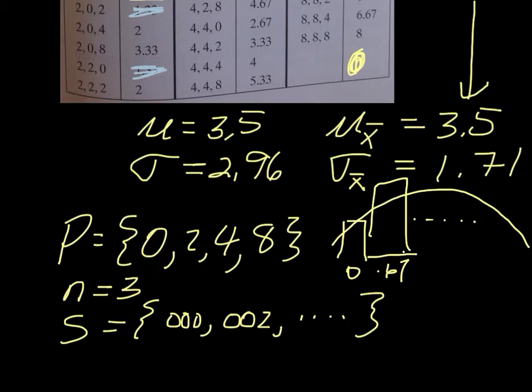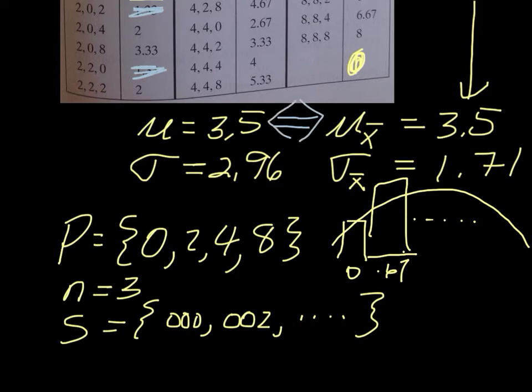The second thing the central limit theorem says is that the standard deviation of the sampling distribution is equal to the standard deviation divided by the square root of the sample size. And so our standard deviation was 2.96. And if we divide that by the square root of 3, we should get 1.71.